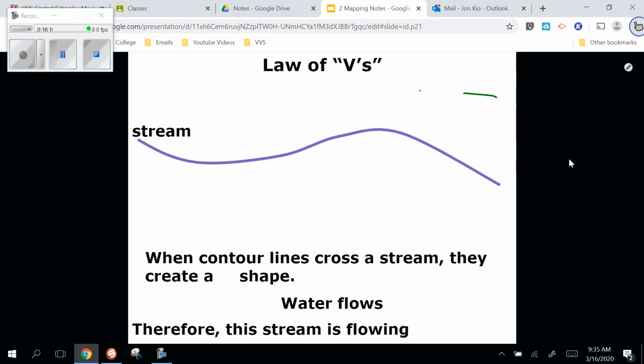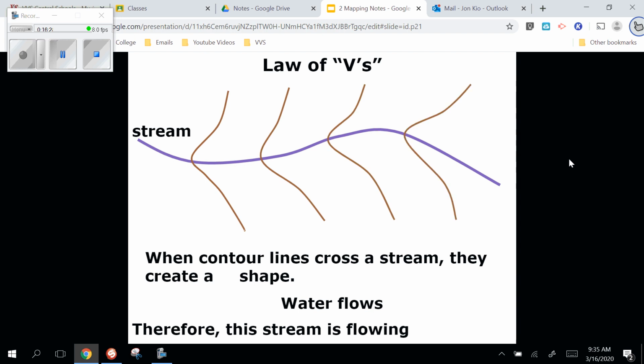All right, law of V's. We have a stream. Remember, as the contour lines cross a stream, they make a little V, and that V points uphill. So those V's are kind of pointing to the left, which means the left side, way over here, is going to be your higher elevation.